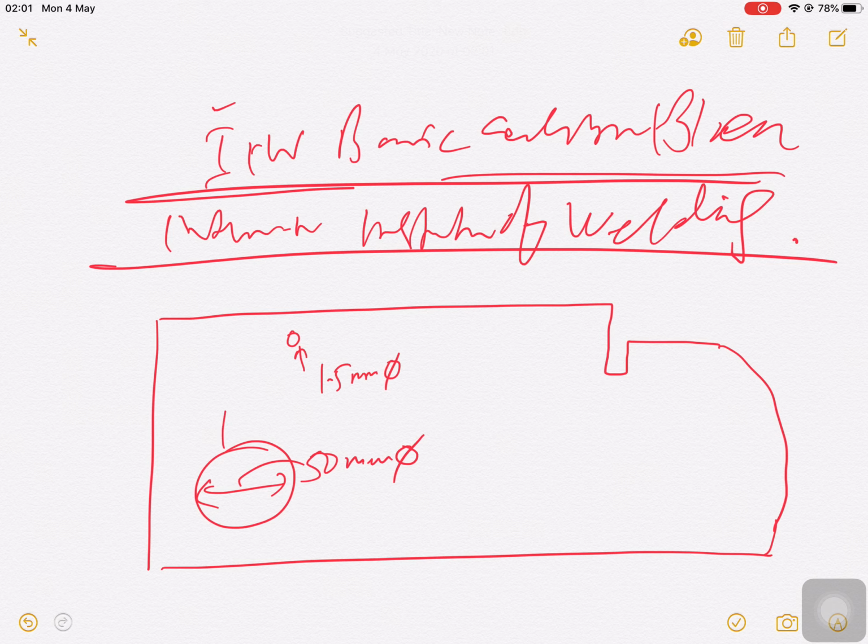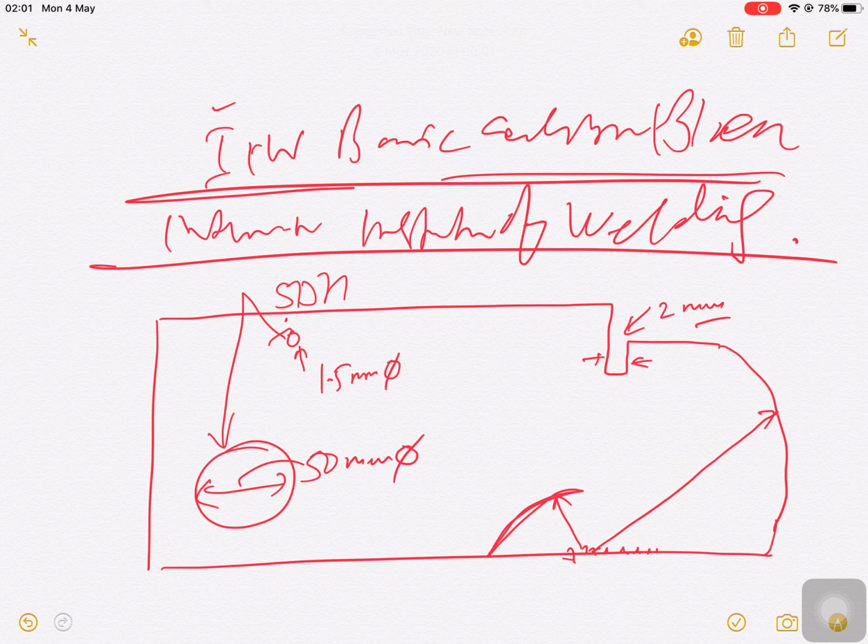These are the side drilled holes, and then this will be your 2 mm, and then there is one notch, and your radius is 100 mm, from there to there and there to there.